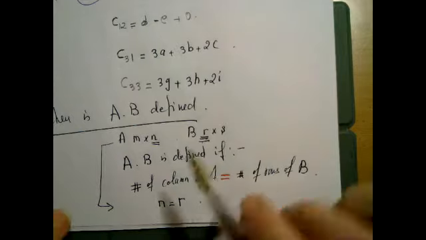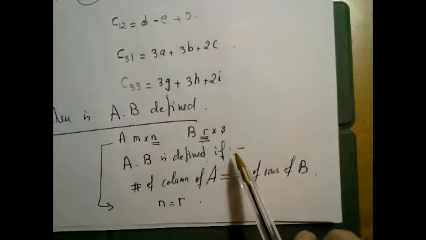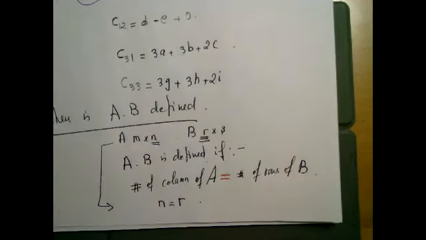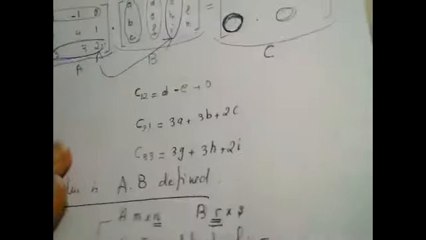Now, if I know the size of A, I know the size of B, and A times B makes sense, what's the size of A times B? When I say size, it means what's the number of rows and what's the number of columns of A times B. So my second question is the following.